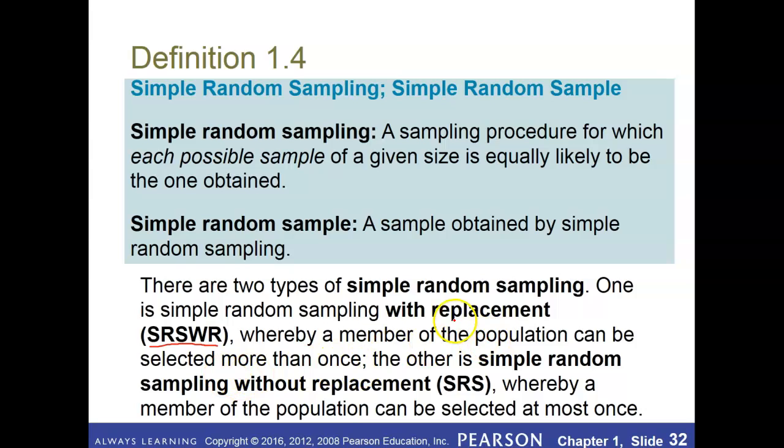Okay? Or you can have simple random sampling without replacement. That's where you just keep the marble out of the bag. Or once you ask somebody to respond to a survey, they can't respond again. So that's the difference between simple random sampling without replacement and regular simple random sampling.